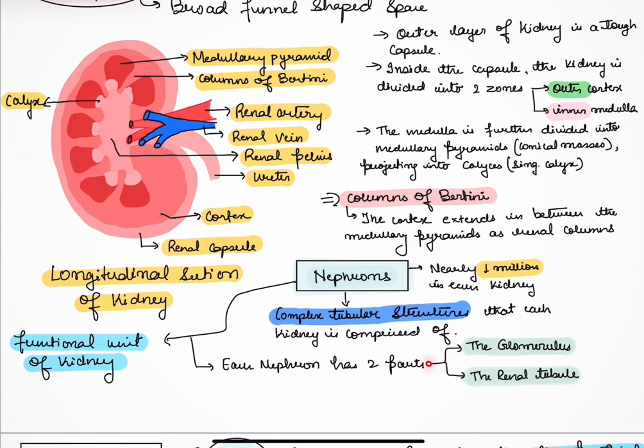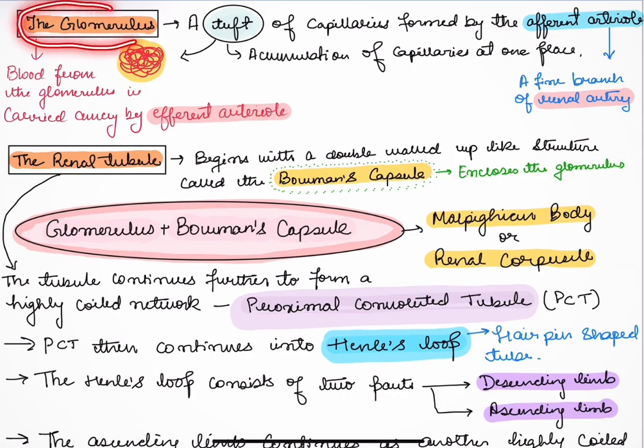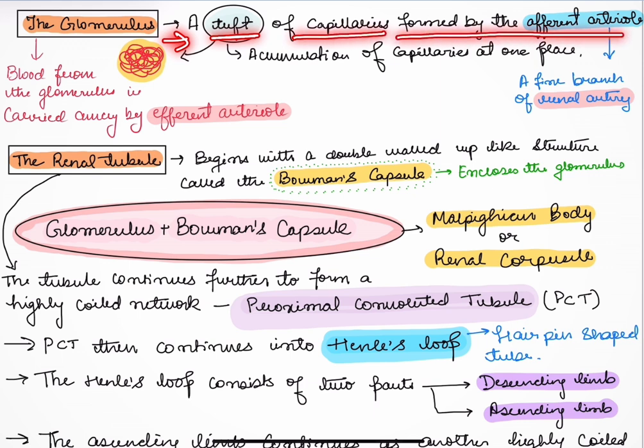Now let's focus on the two parts of this nephron, that is the glomerulus and the renal tubule. Coming to the glomerulus. What is the glomerulus? So glomerulus is a tuft of capillaries formed by the afferent arteriole. Now there is a lot of terminology here.